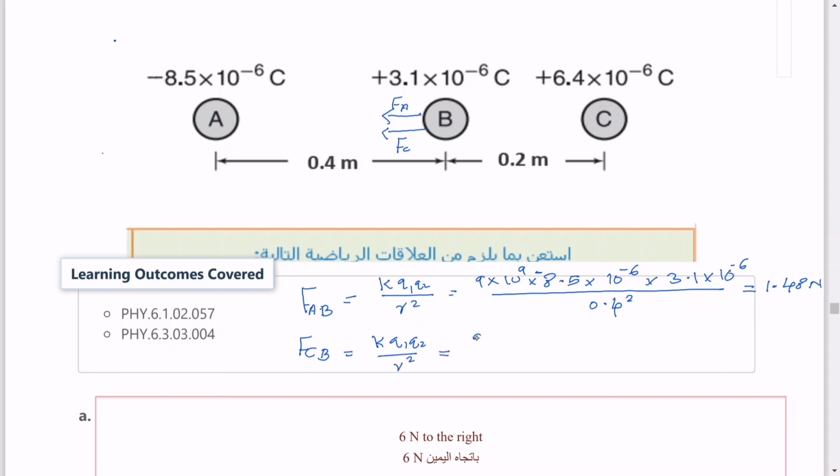The value of K is always the same, 9 into 10 to the power 9, multiplied by the charge at C, that is 6.4 multiplied 10 to the power negative 6, multiplied by the charge at B, that is 3.1 multiplied 10 to the power negative 6, divided by the distance between C and B, that is 0.2 squared.